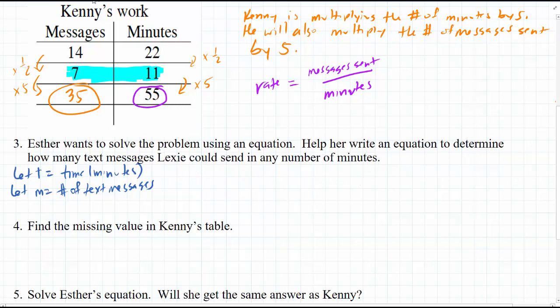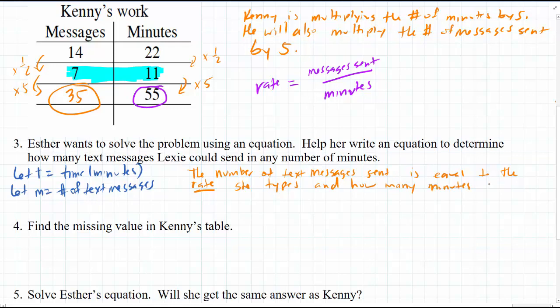Hopefully it makes sense that we can make a statement saying that the number of text messages sent is equal to the rate she types and how many minutes she types for.